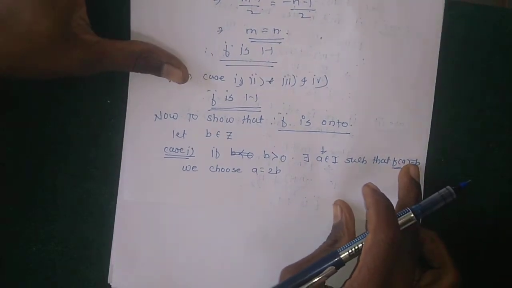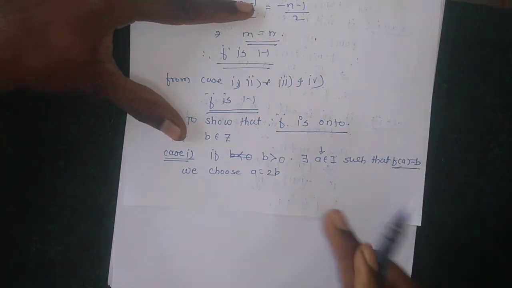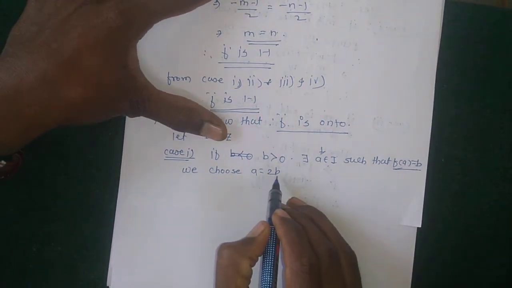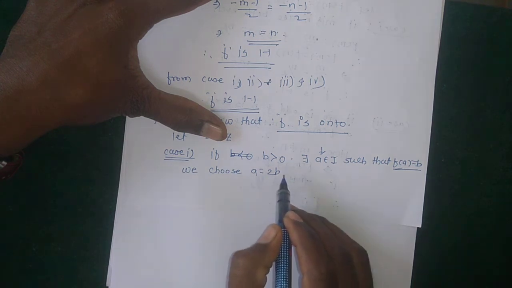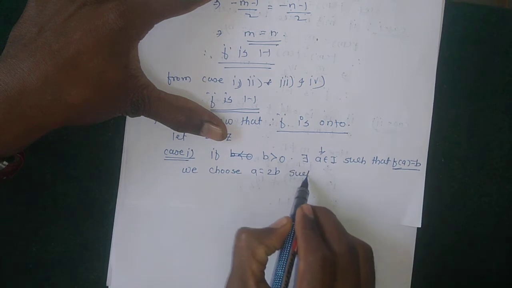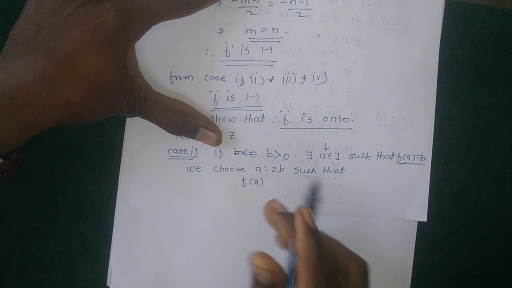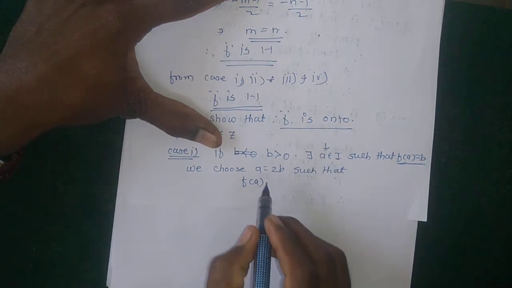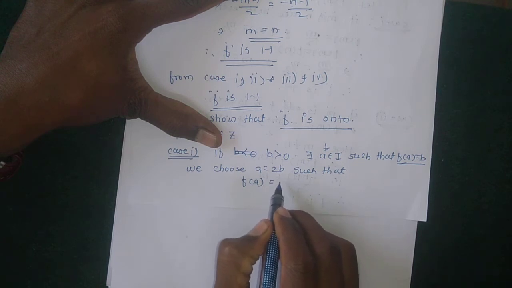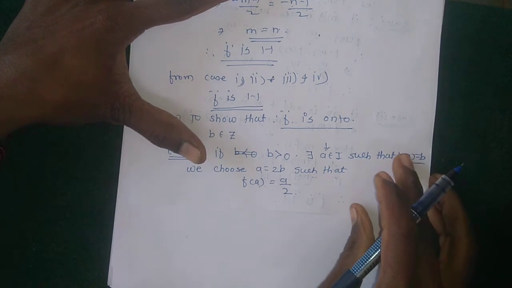Since b is greater than 0, this is a positive integer. Then there exists a equal to 2b in the set of positive integers I such that f of a is equal to a by 2.